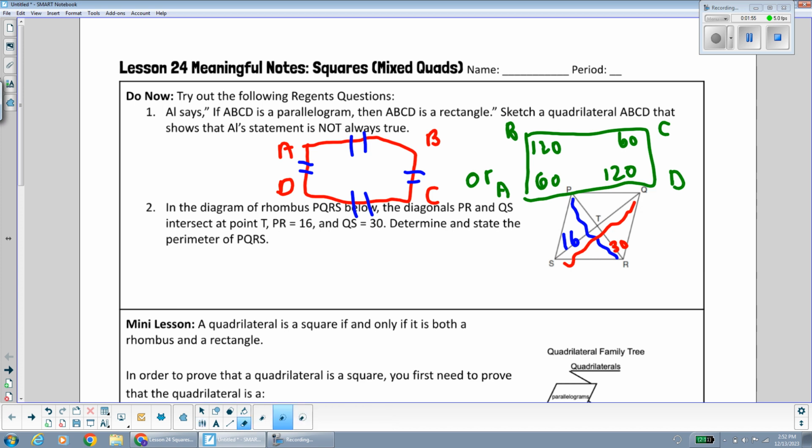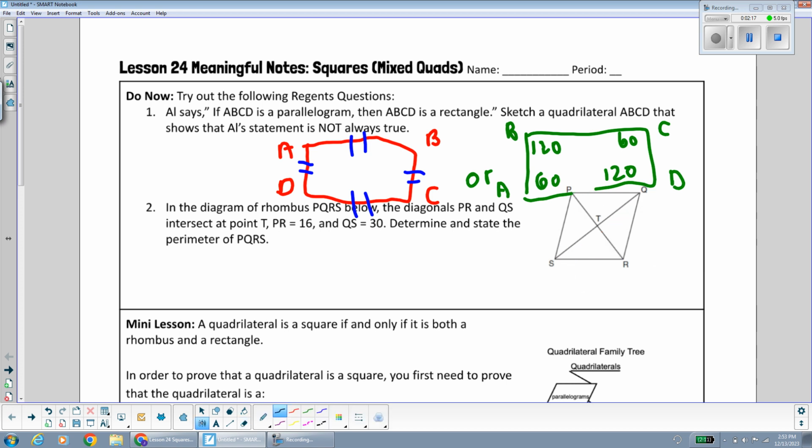So the diagonals bisect each other. So I know that this diagonal is split equally, and this diagonal is split equally as well. So I'm just going to write 8 and 8, 15 and 15, since the 16 is being split in half, and the 30 is being split in half as well.